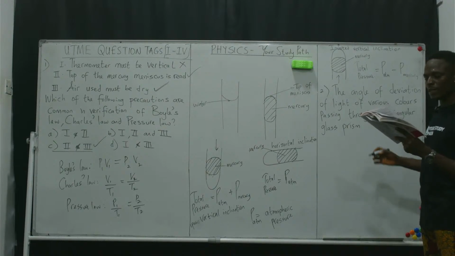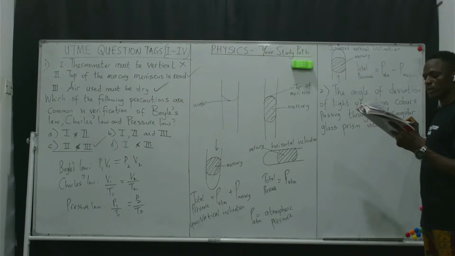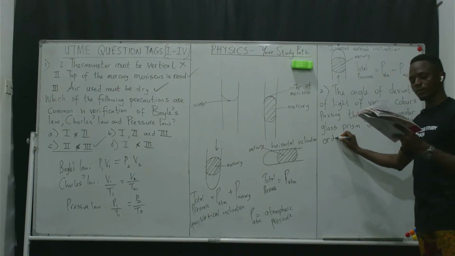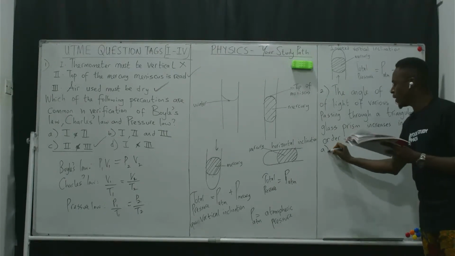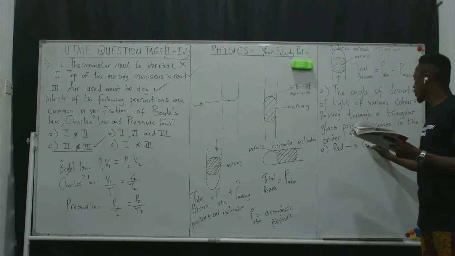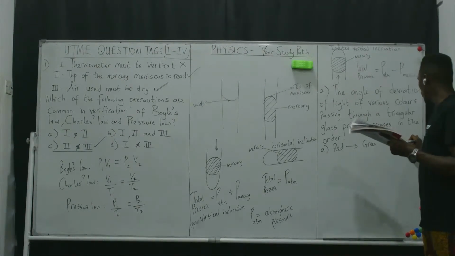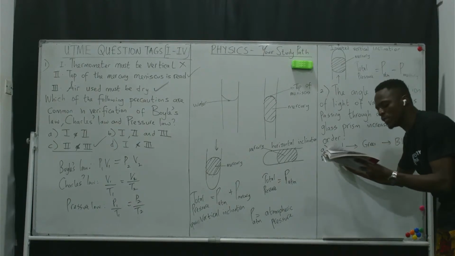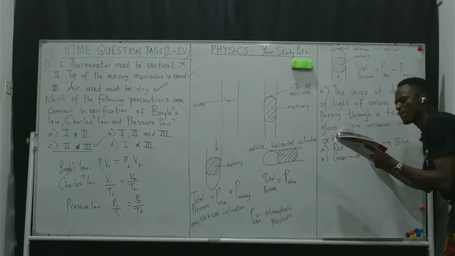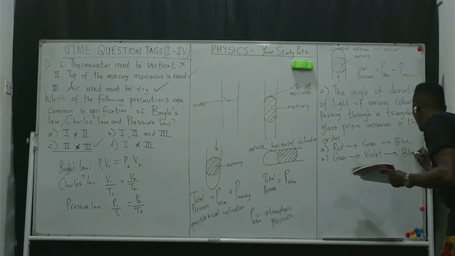increases in the order. A. Do we have it as red to green to blue? Or do we have it as option B, green to violet, then blue?